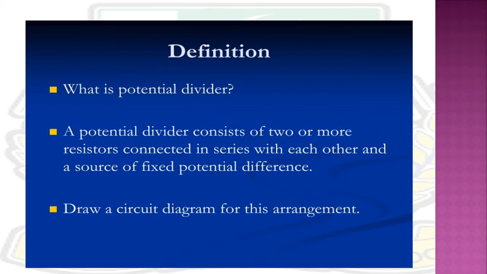The question is, what is a potential divider? A potential divider, by definition, consists of two or more resistors connected in series with each other and a source of fixed potential difference. Students, in electronics, a voltage divider, also known as a potential divider, is a passive linear circuit that produces an output voltage that is a fraction of its input voltage.